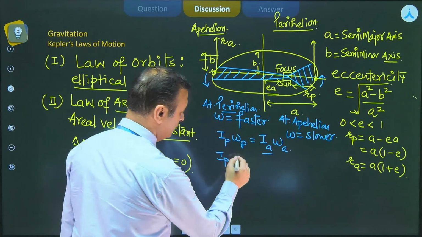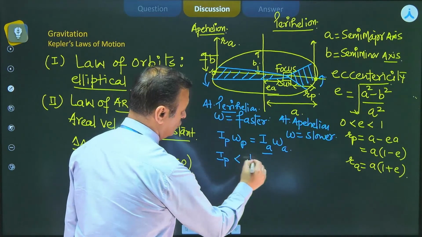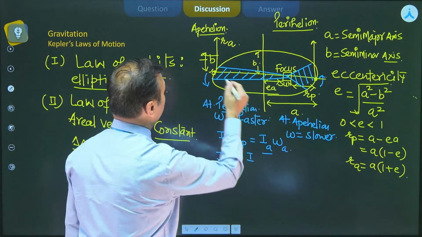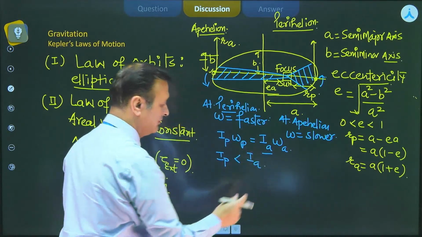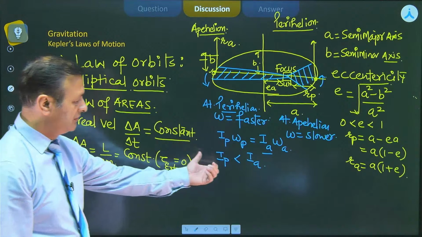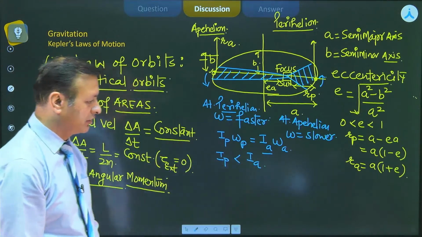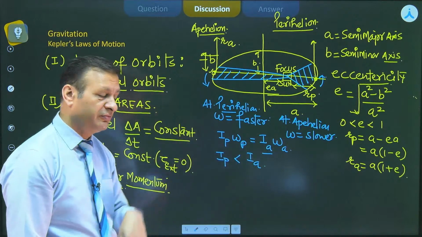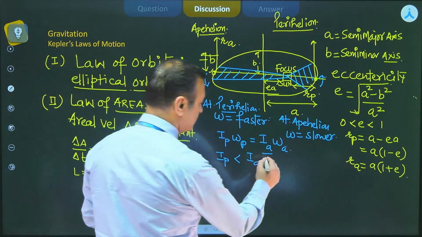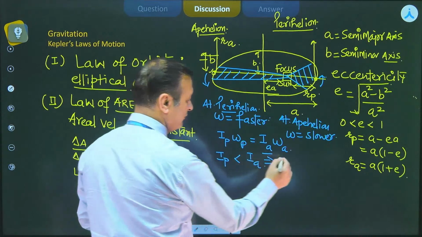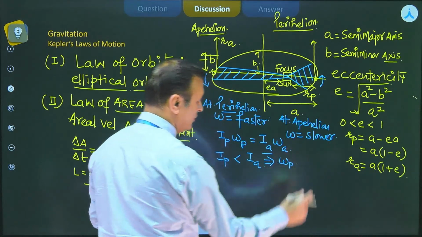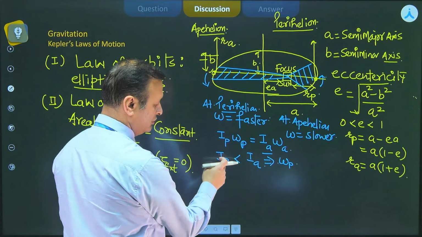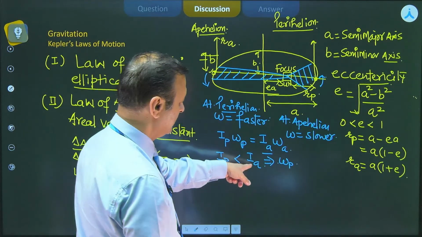So moment of inertia would be small when you compare it with the moment of inertia of the same planet about the center at aphelion. So I at aphelion is more than I at perihelion, but you have to maintain this product as constant.